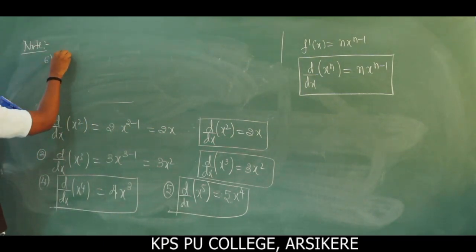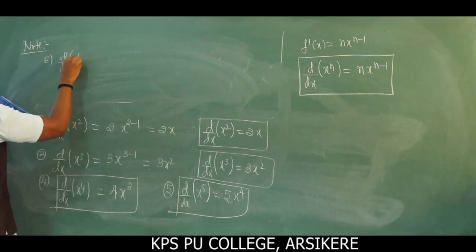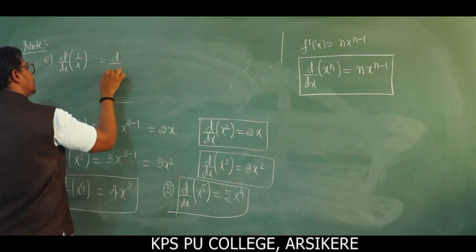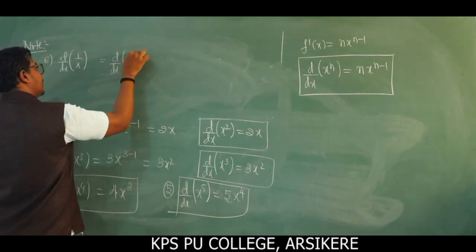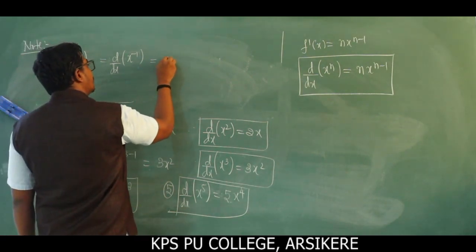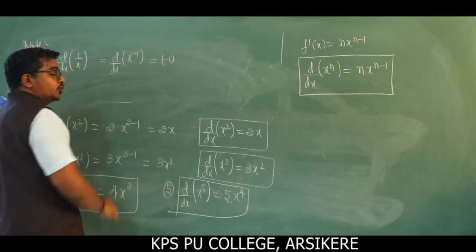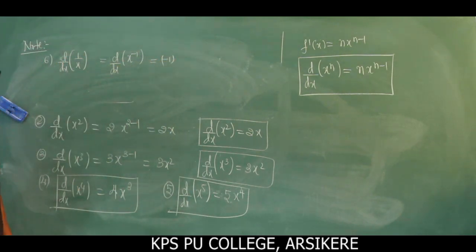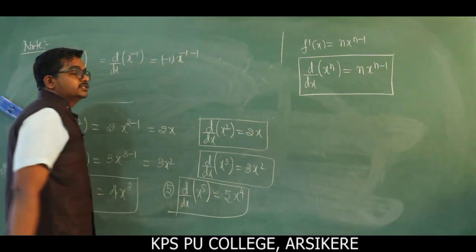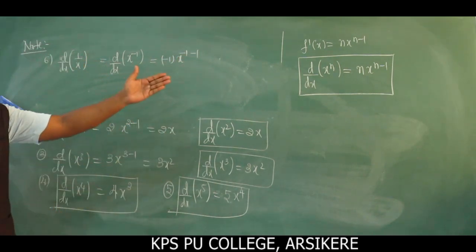Sixth one, d by dx of 1 by x, let us see what it becomes. d by dx of 1 over x is equal to, how can we write this? We can write d by dx of x power minus 1, right? x goes to the numerator, the power becomes minus 1. So therefore this is equal to minus 1, take the power to the numerator, base into power decremented by 1, x power minus 1, just like n into x power n minus 1.